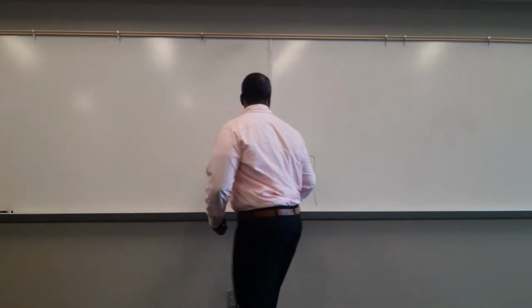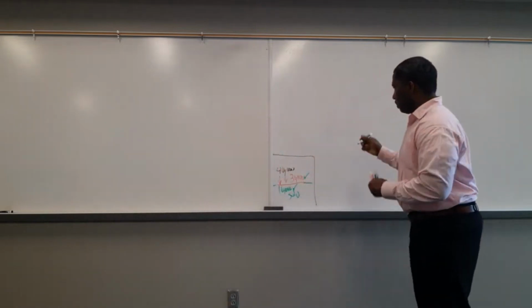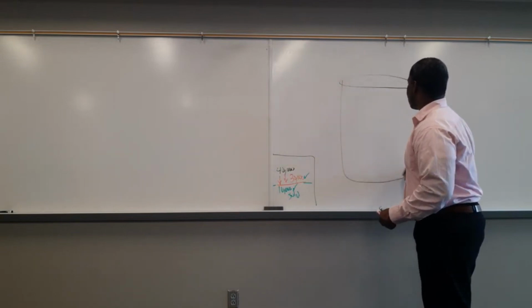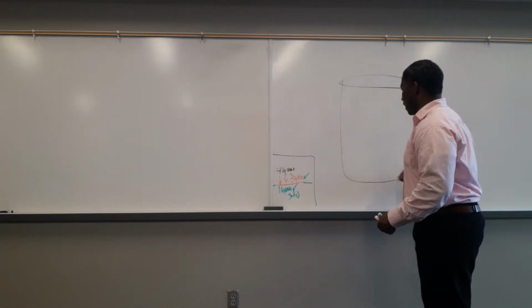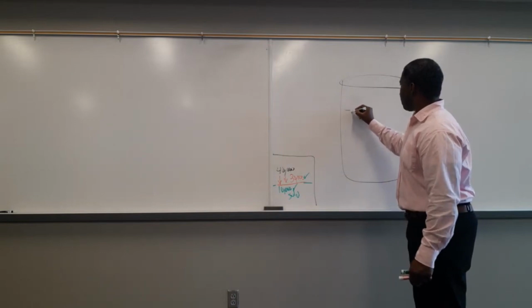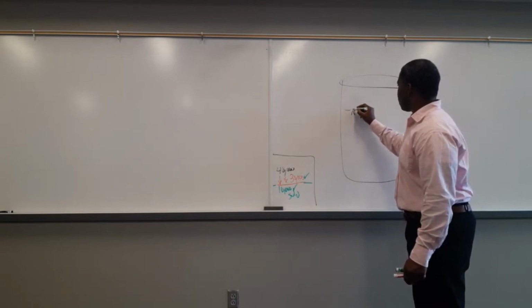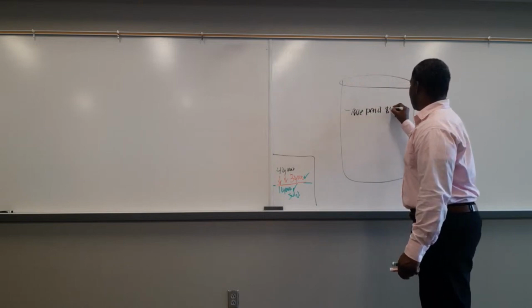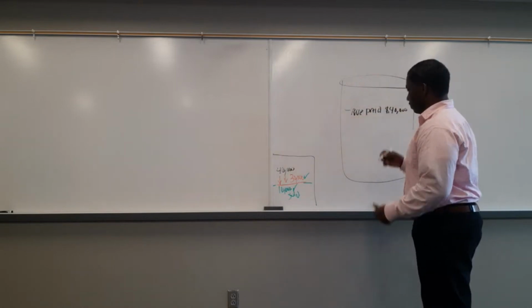I left it at the bottom. I want to make this a little bit better here, okay? This is our bucket that we have here, and we paid $40,000, okay?